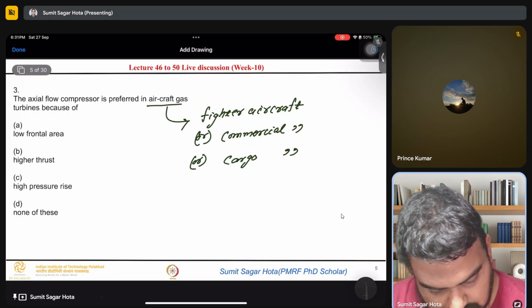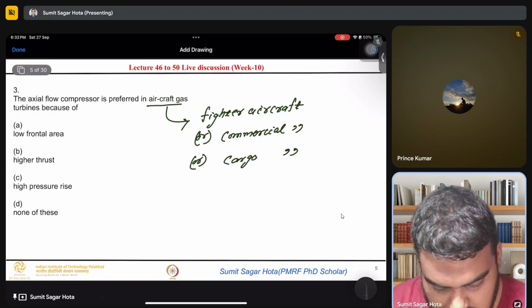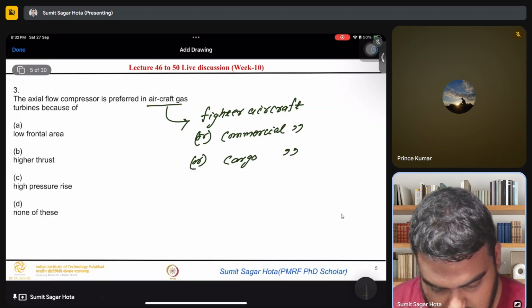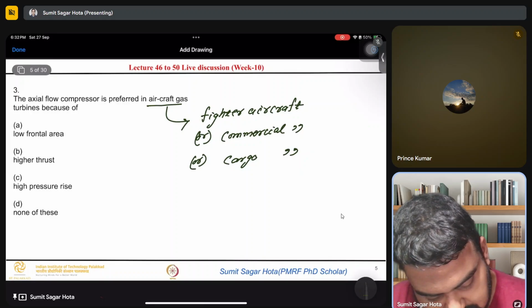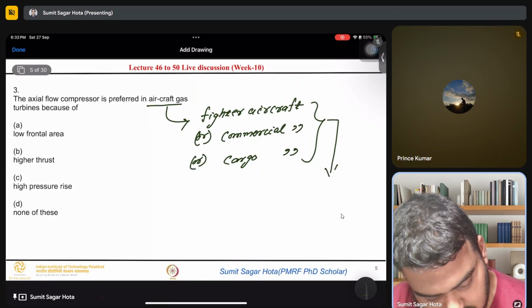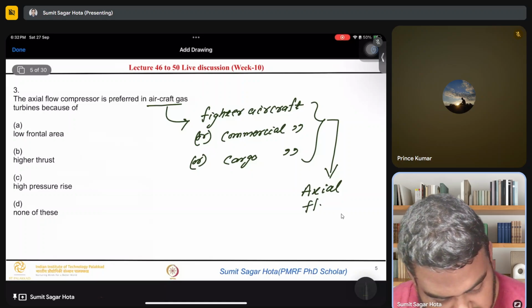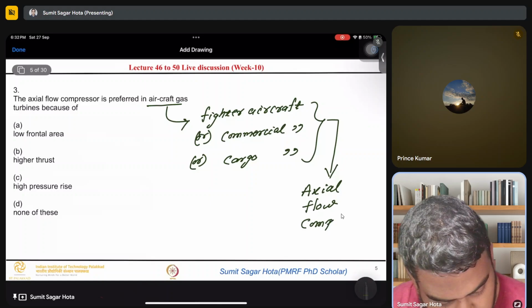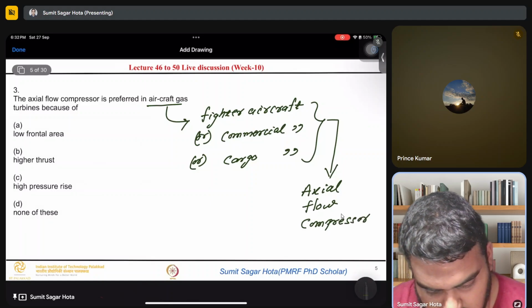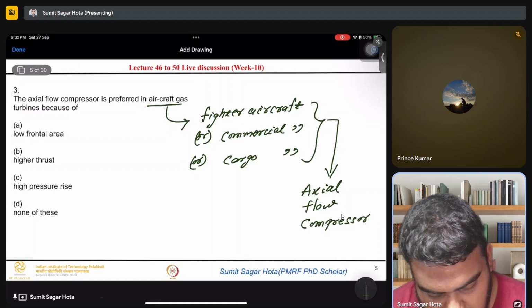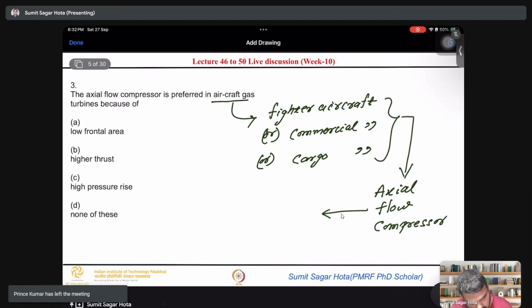So in all these types of aircraft, axial flow compressors are used. Because of what?